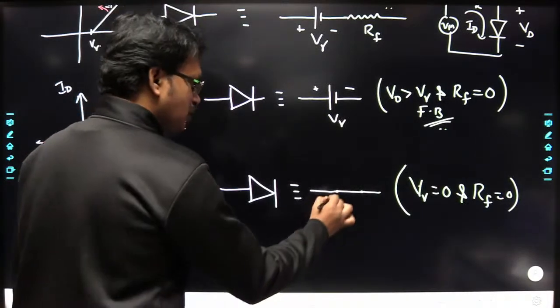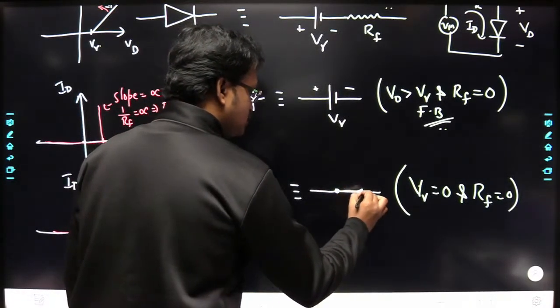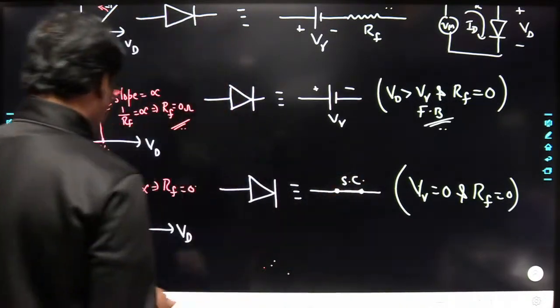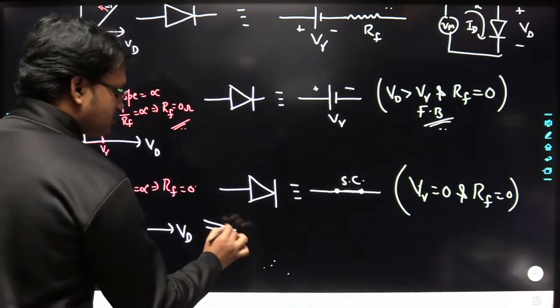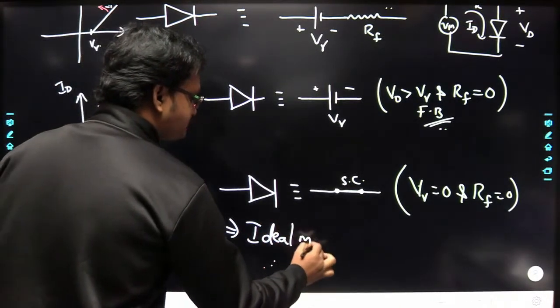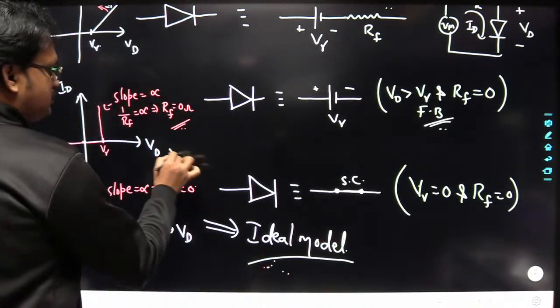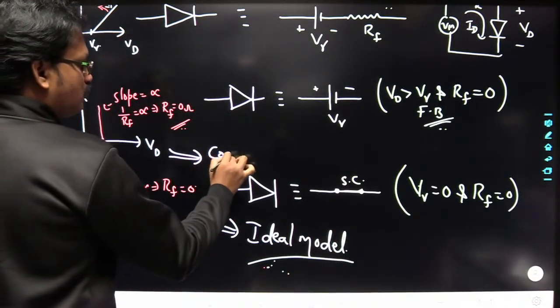So in this case you can just replace the diode with a short circuit. This model we call as the ideal model here. And this one we call as the constant voltage model.